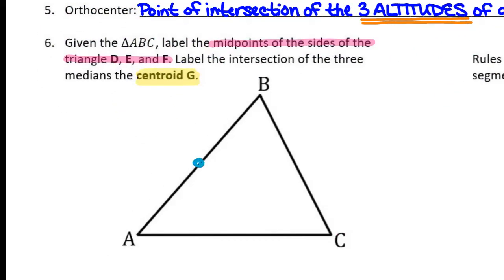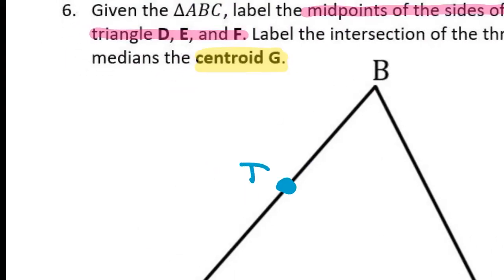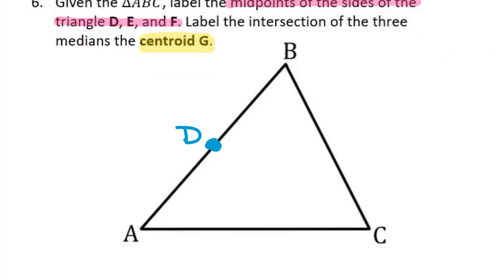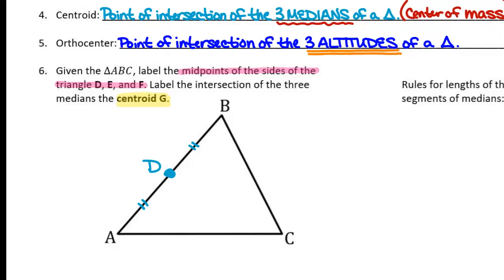So here on side AB, do your best to locate the midpoint. We're going to call that D. That means that AD and BD would be congruent.